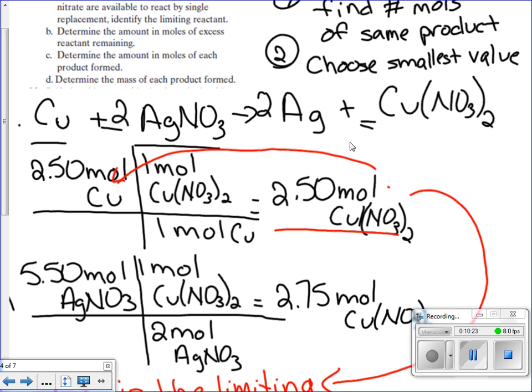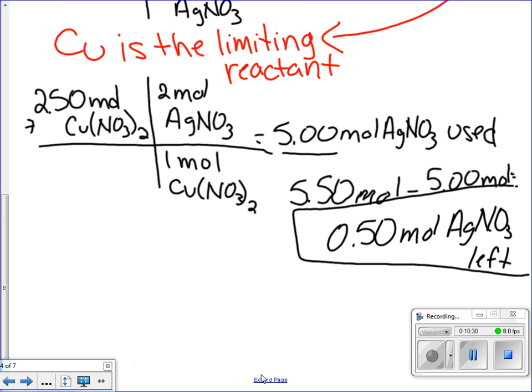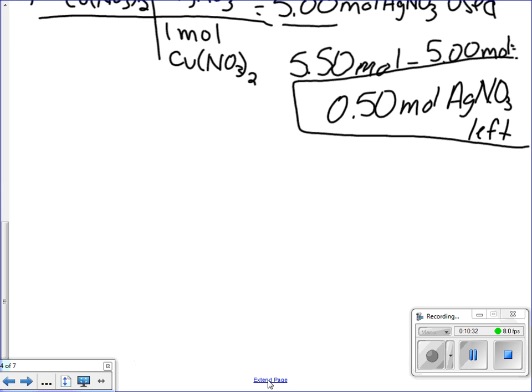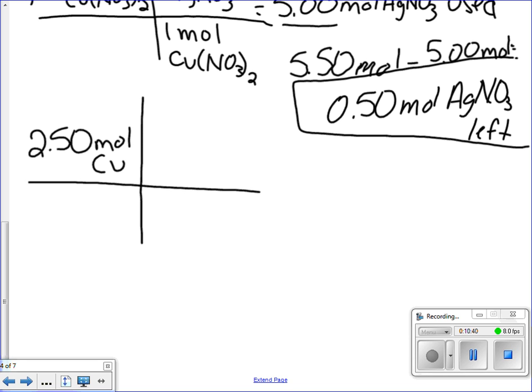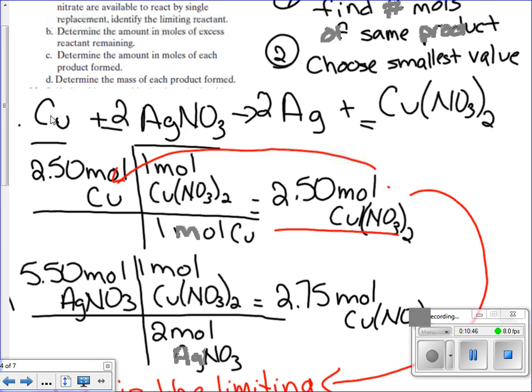So now we need to figure out how many moles of silver is produced. So we start with, we're going to use up all of our 2.5 moles of copper. If we look back up at our chemical reaction, for every 1 mole of copper, we use 2 moles of silver.